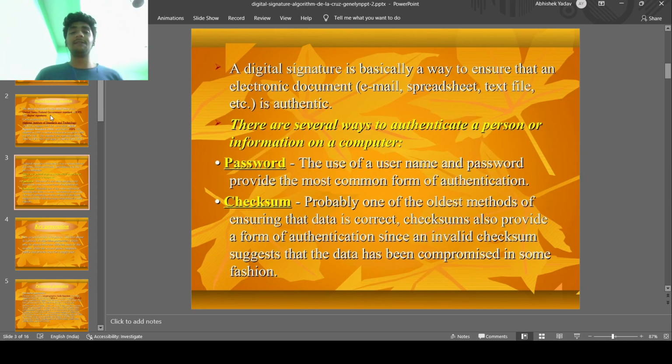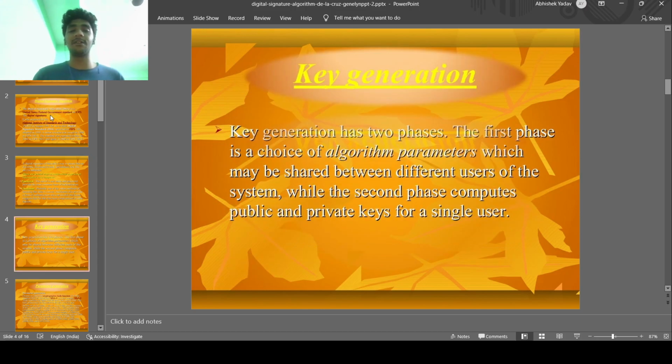We add a parity digit or multiple parity digits to a message and send it as a whole to the receiver, and the receiver can use the checksum algorithm to check if the sum is valid. If it is not valid, the receiver will know that the message was tampered with. So this was the checksum algorithm. Then we move on to DSA.